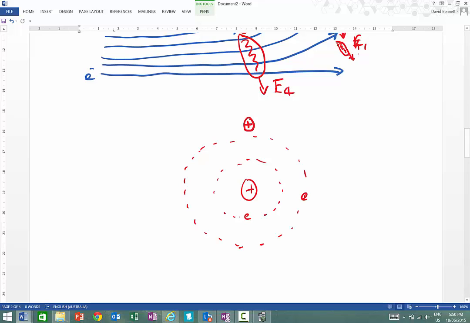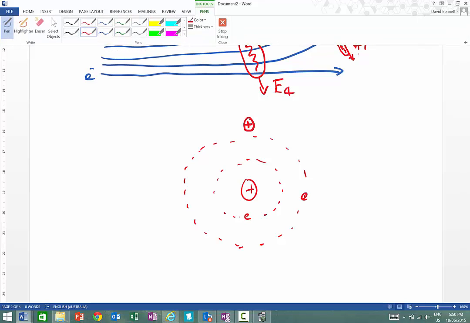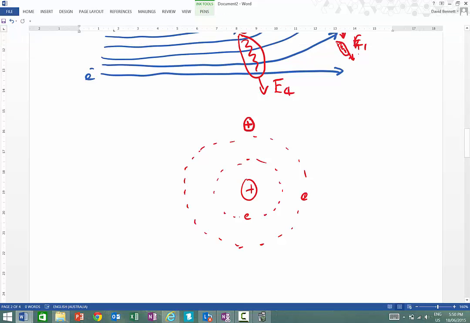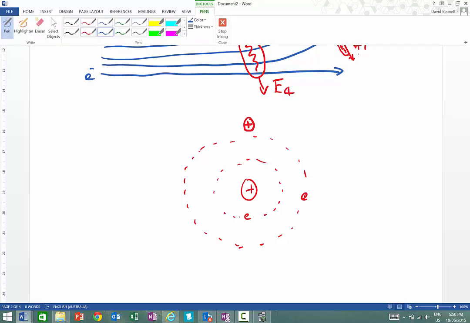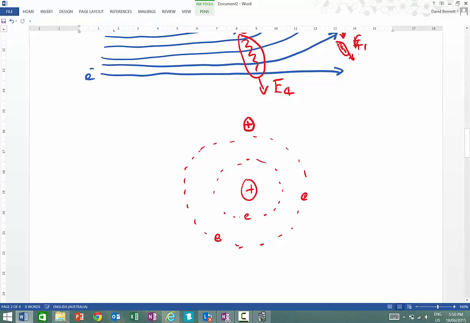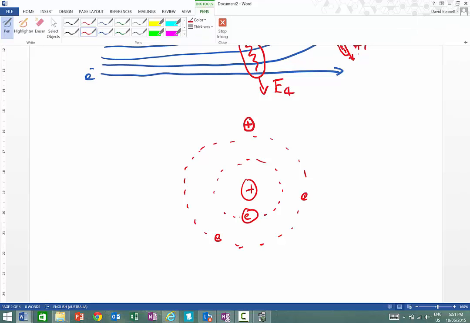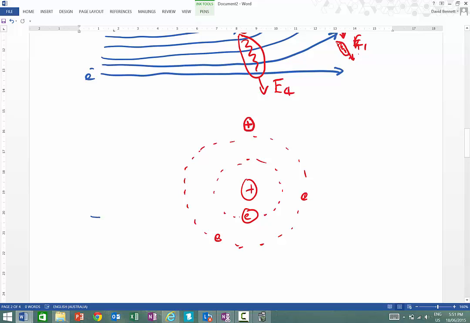As the electron comes through here, it might hit, say, this electron. So we've got our electron coming in, it's going to hit that one, and it's going to knock it out.